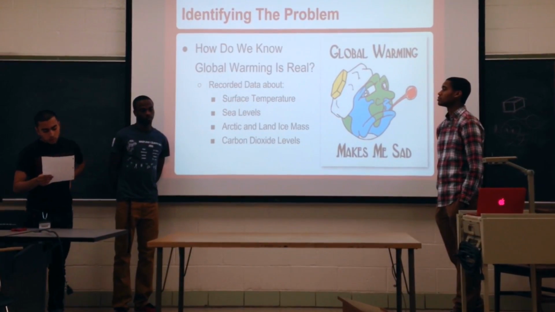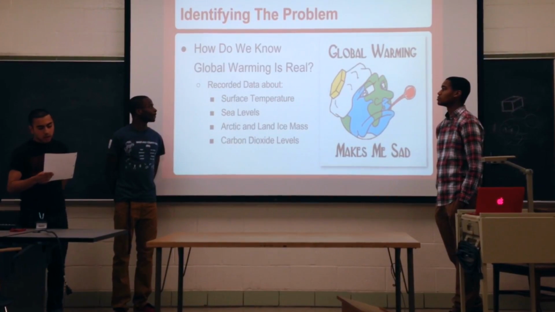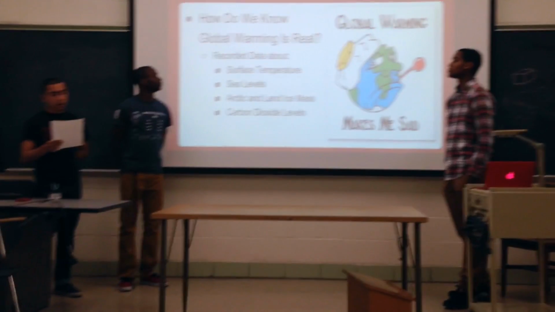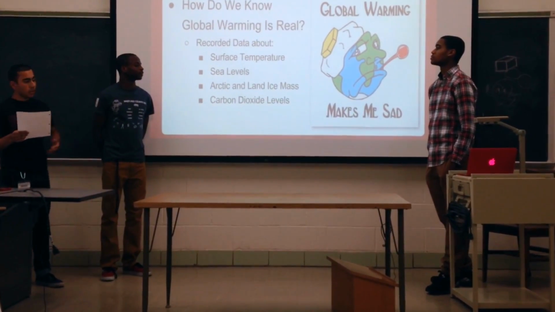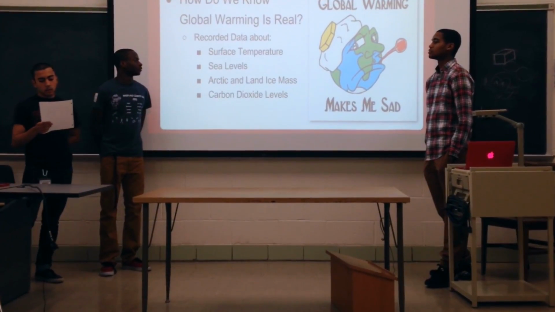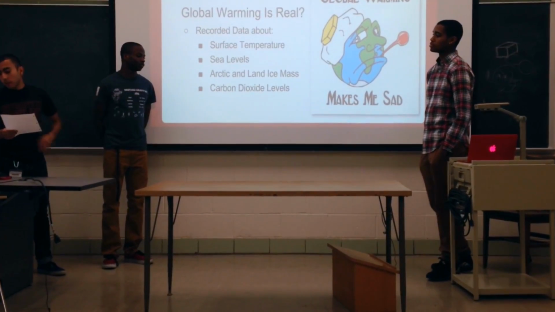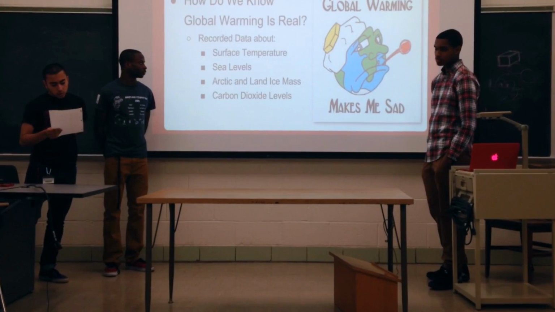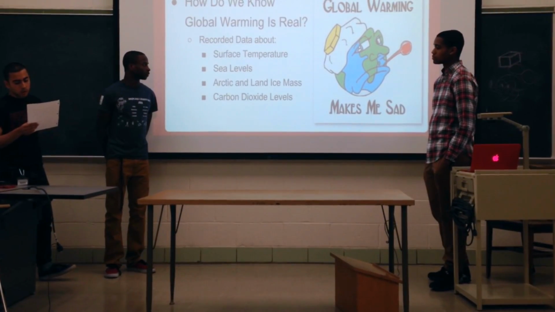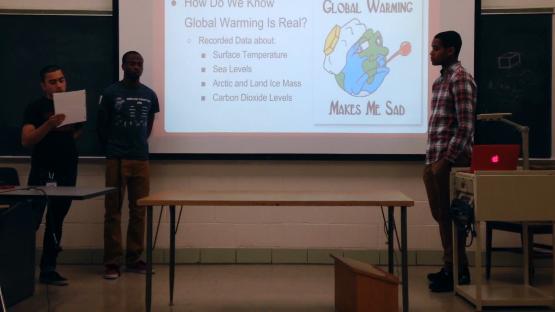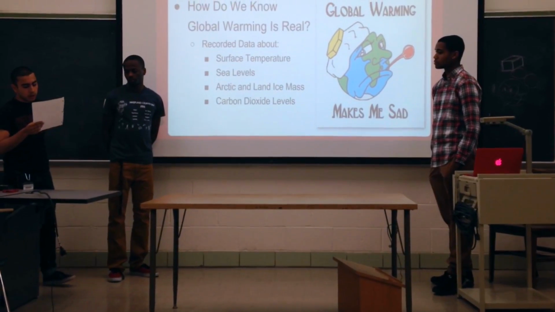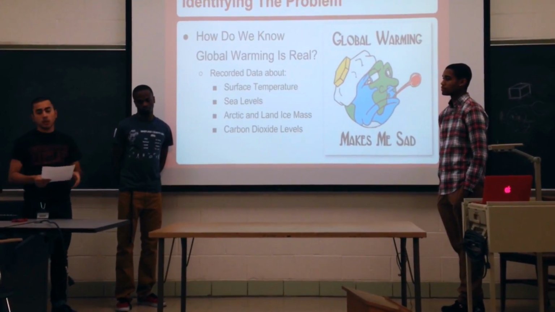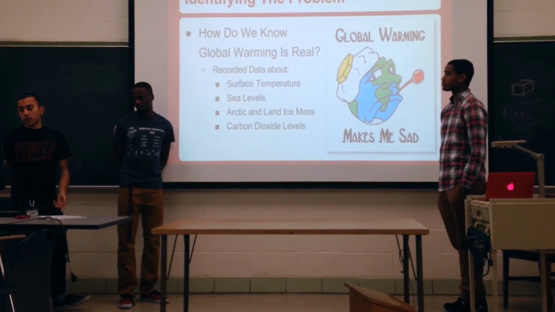And for sea levels, from 1871 to 2000, it was approximately a rise of 1.7 millimeters per year, and from 1993 to the present day, 2013, there was a rise of 3.16 millimeters per year. And finally, for Arctic landmass, in 1980, there were approximately 7 million square kilometers of Arctic Sea, and last year, it was approximately 3.75 million square kilometers of Arctic Sea. So as you can see, it's decreasing at a fast rate, and we need to do something about that.